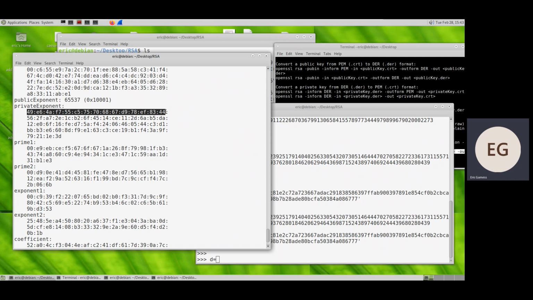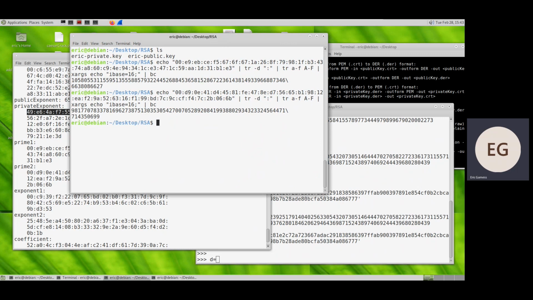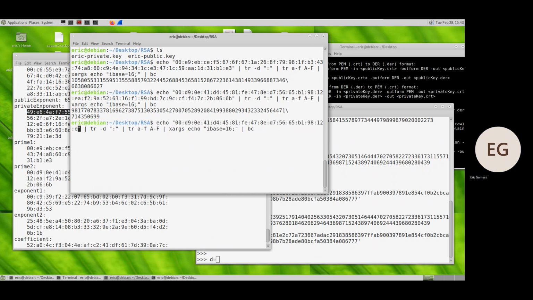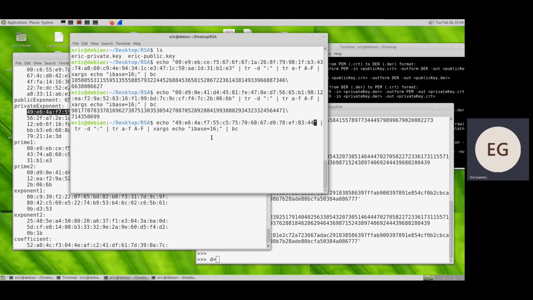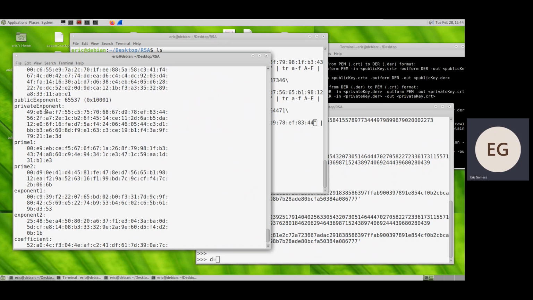This private exponent, I'm going to put it in Python. Before I put it in Python, let me remove all the columns. I copy the first line, edit copy, edit paste. Then I'm going to copy the second line.